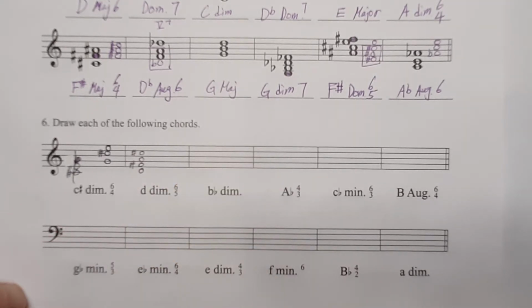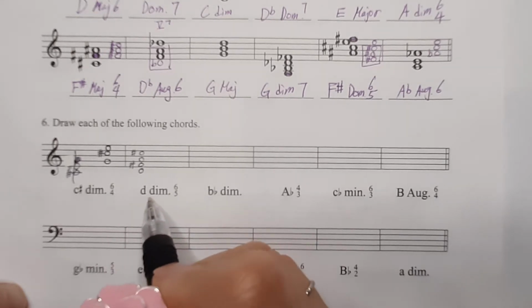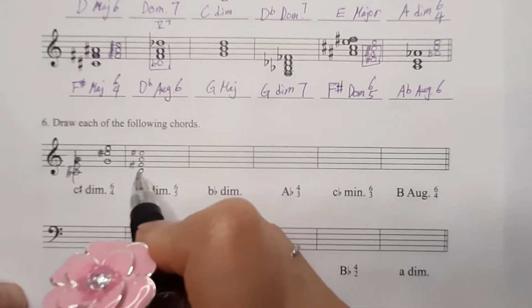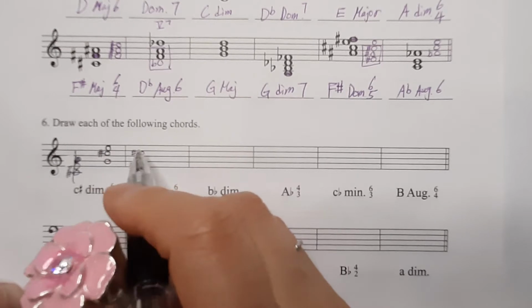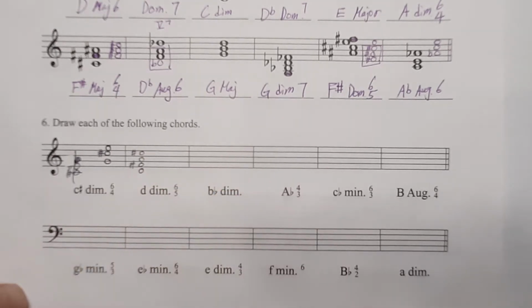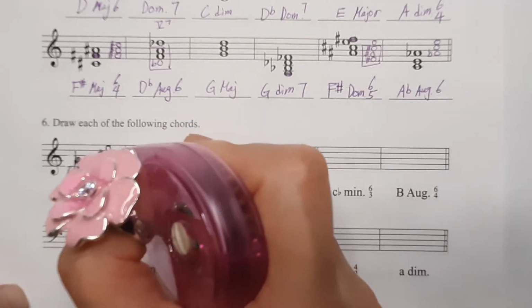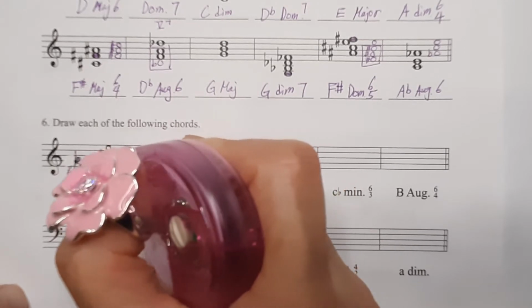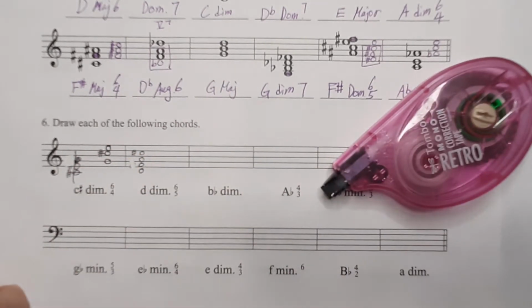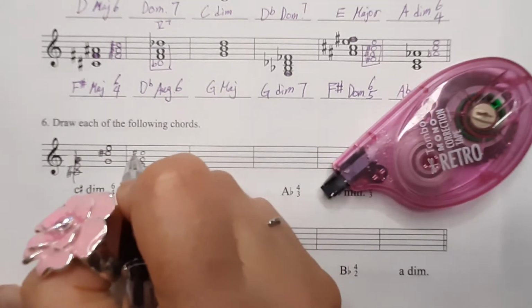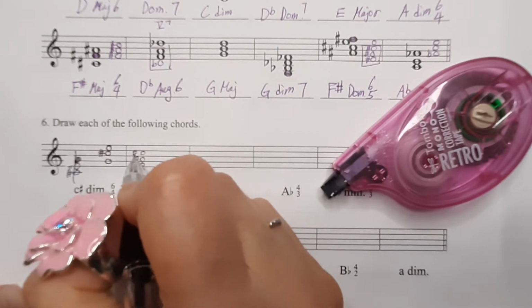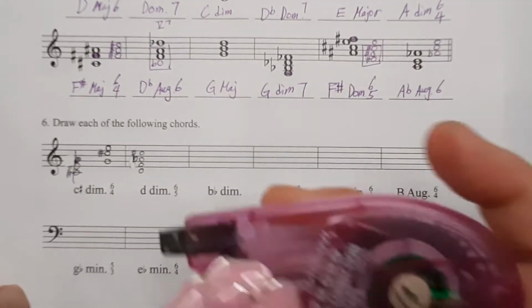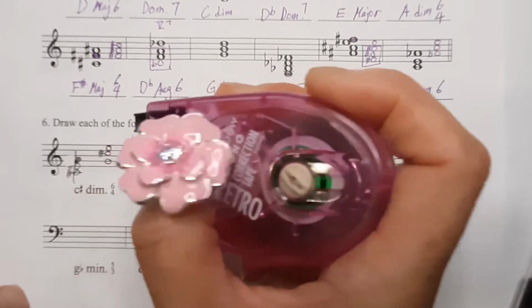But since it's going to be diminished, we are going to cancel this. So it's going to be F natural. And we have to lower the 5th too, which is going to be A flat. And when you lower the C sharp, it's going to be C natural, right?